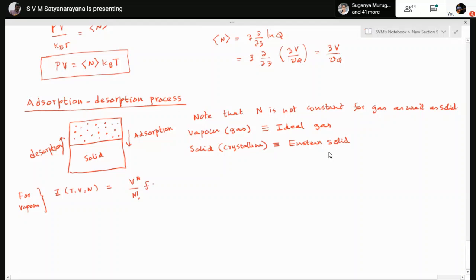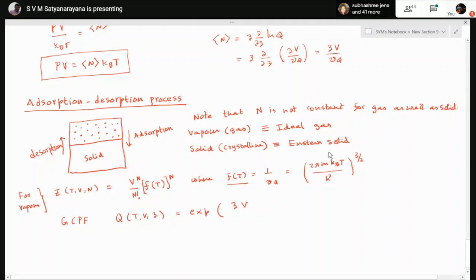So let me simply write that as some function of temperature, f of T, which is 1 by f of T raised to the power N. That means this f of T is simply 1 by Vq, which is nothing but (2 pi m kBT divided by h square) to the power 3/2. So this is a function of temperature, and we're just going to call this f. Then the grand canonical partition function, GCPF for this one, is the generating function, so Ξ(V, T, z), which is equal to exponential of zV into f.